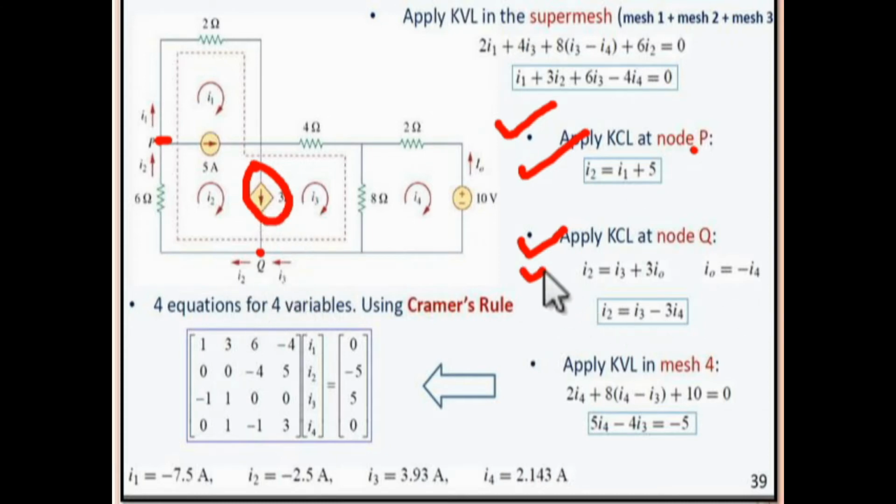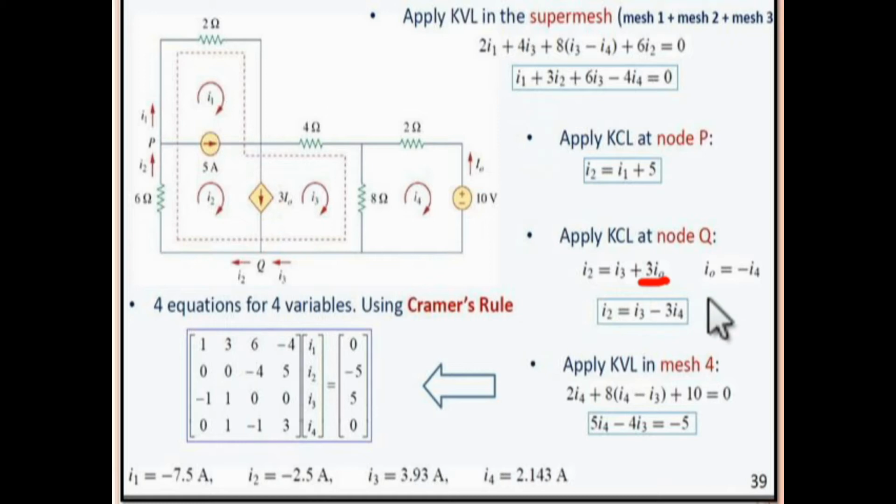You can see over here, I2 equal to I3 plus 3I0, and I0 is the current. Where is the I0 current? I0 is the current in this branch. Means it is I4, with a minus sign. As you can see over here, I4 in the clockwise direction is coming from top to bottom, but I0 is going upward.